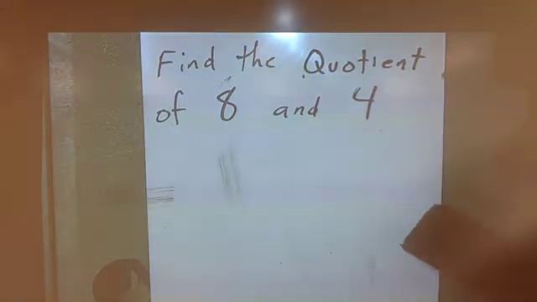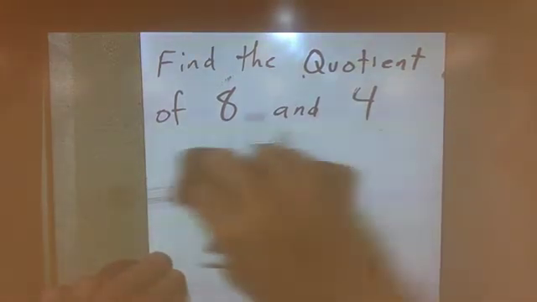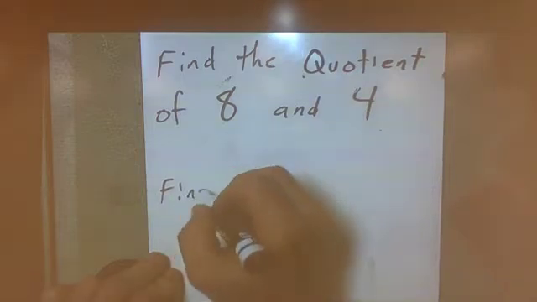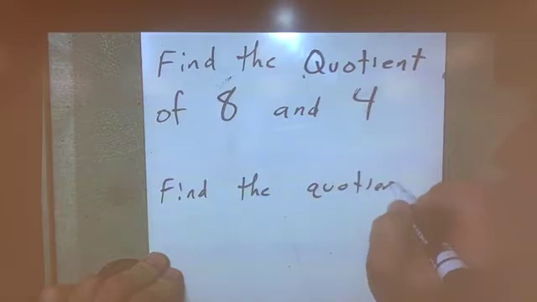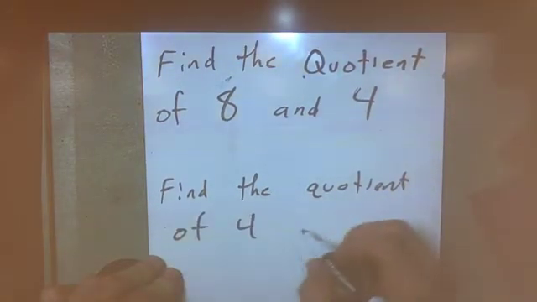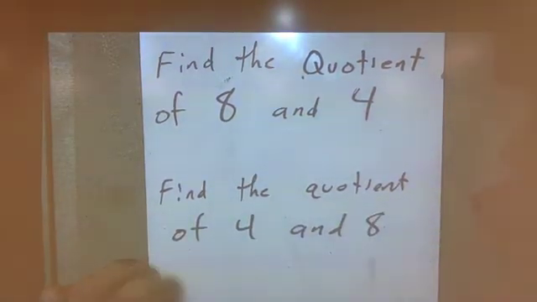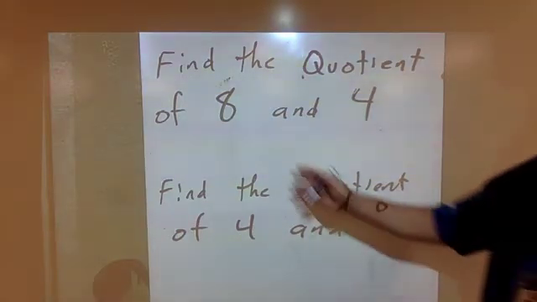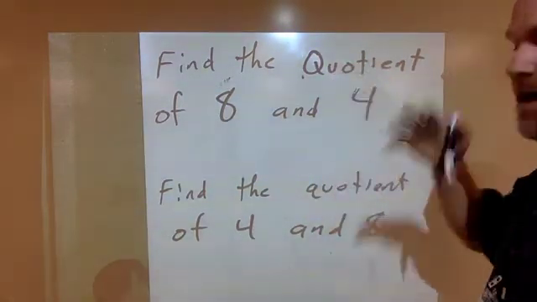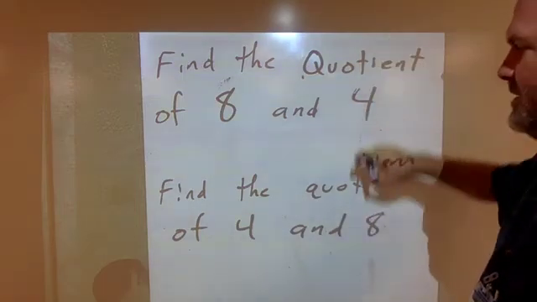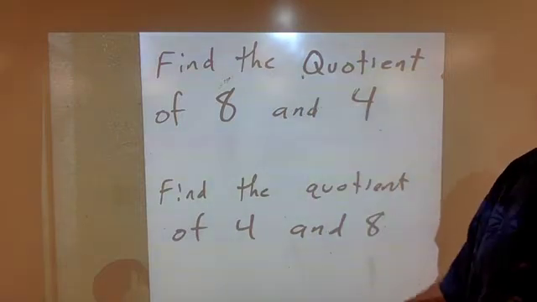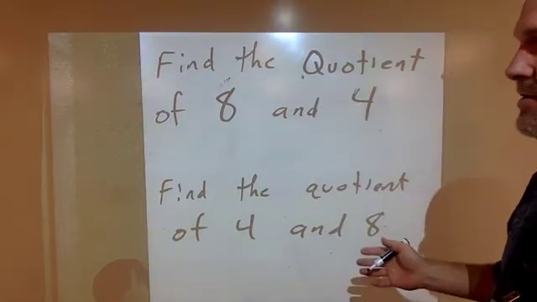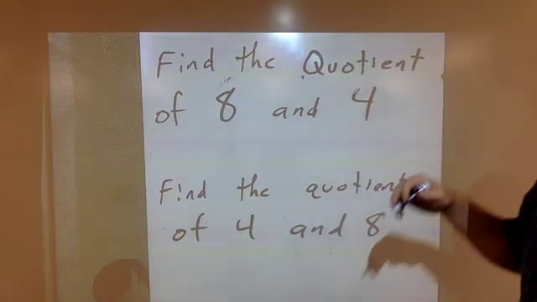So they might say find the quotient of 4 and 8, or it might actually read find the quotient of 8 and 4. So here's the two different ways. Now it does matter. If this said product, it didn't matter. Your answer is 32. But now that it says quotient, now the order matters. It could either be 2 or it could be a half.